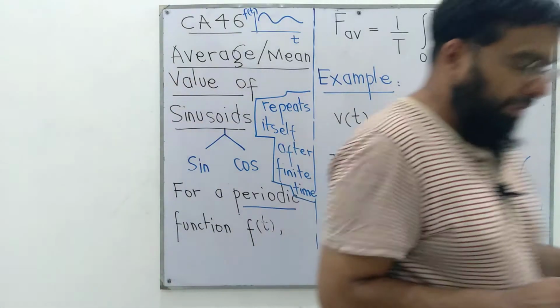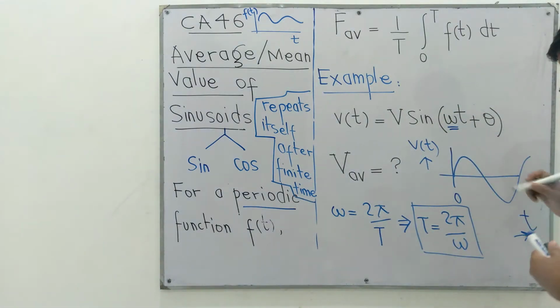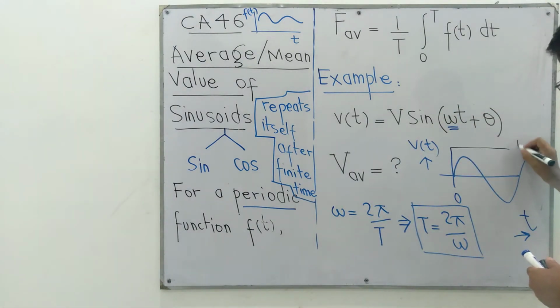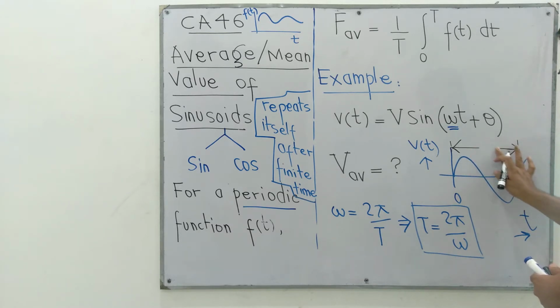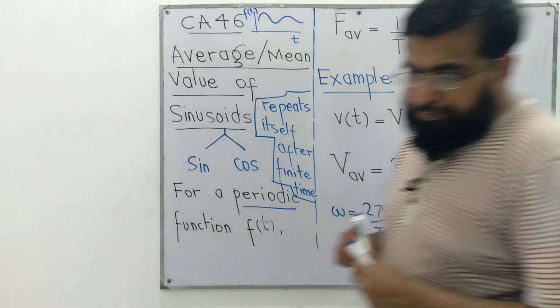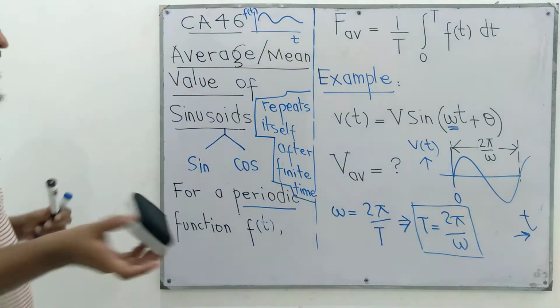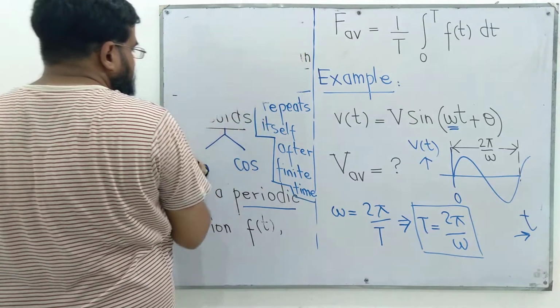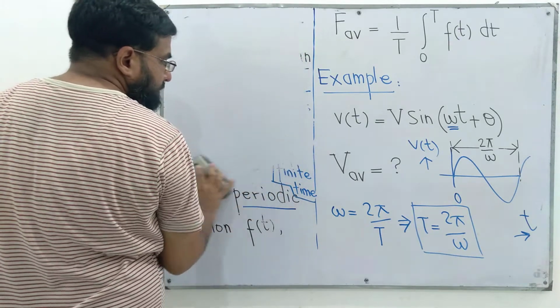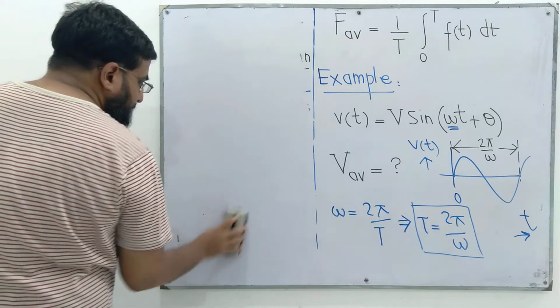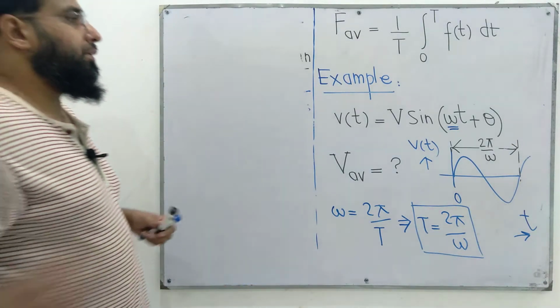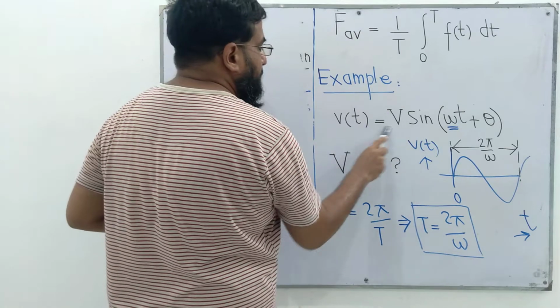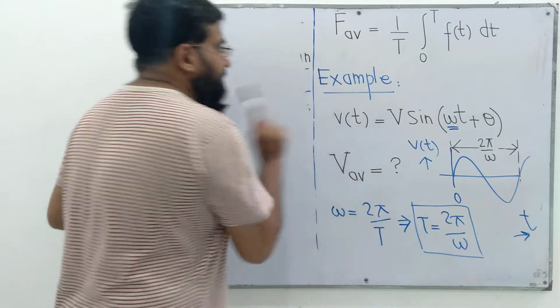So for this sine wave, the time period, the time after which the signal repeats itself, is 2 pi over omega. If omega is 1, it is 2 pi. So now we have computed the capital T of this signal, and we know its value.